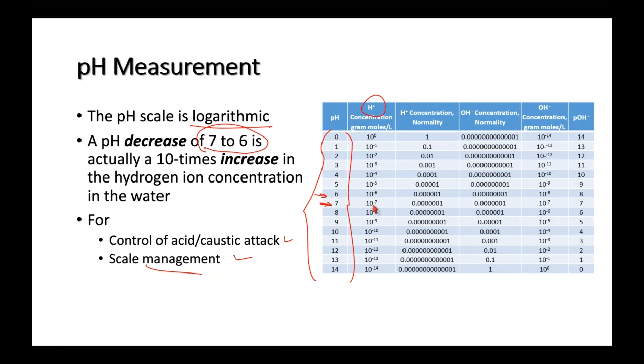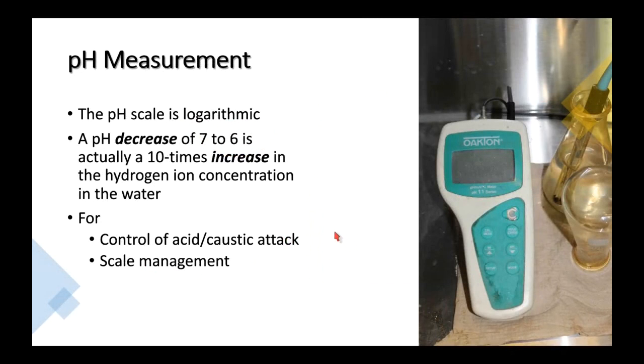There we go. We go from 10 to the minus 7 to 10 to the minus 6. That's what the 6 and the 7 mean. It's the exponent. And so it's a logarithmic scale. So don't say, the pH only changed by 1. What do you mean it changed by 1? 1 is a lot. So just keep that in mind.